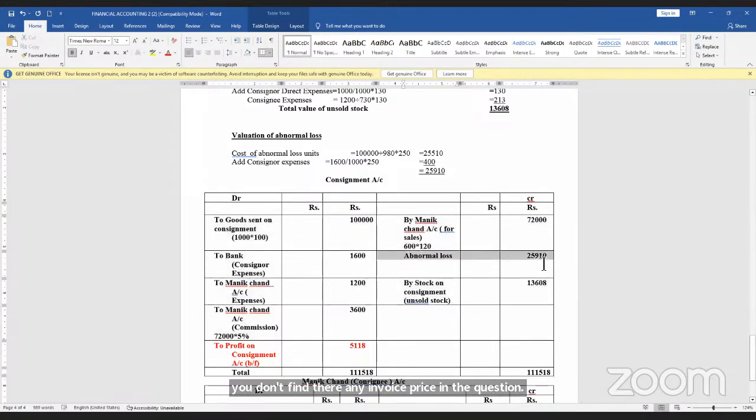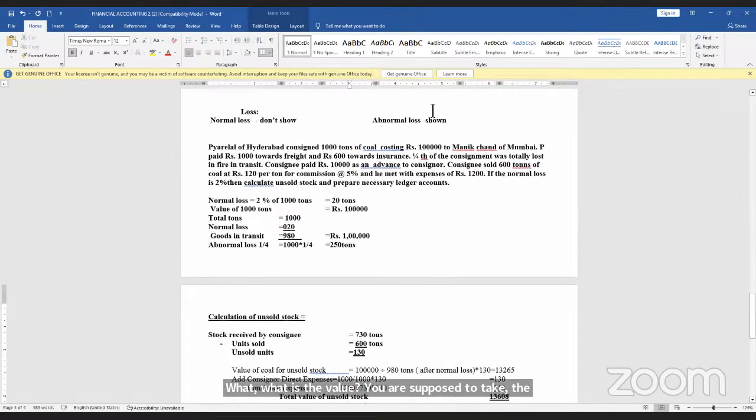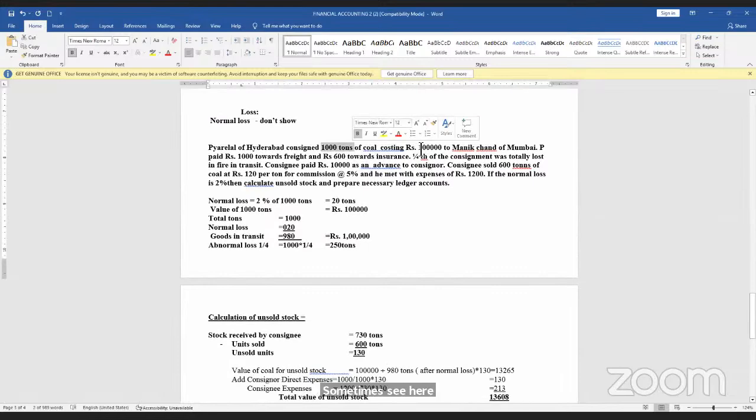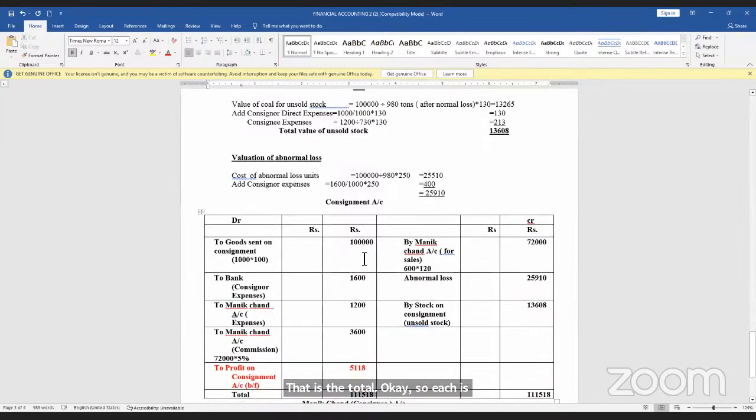And abnormal loss comes when he mentions the abnormal loss, otherwise this will not be there. So goods sent on consignment, what is the value you are supposed to take? The value of goods that's sent by the consignor to the consignee. Sometimes you see 1,000 tons at 1 lakh rupees, he said. That is the total, so each is 100 rupees. So that we will take.